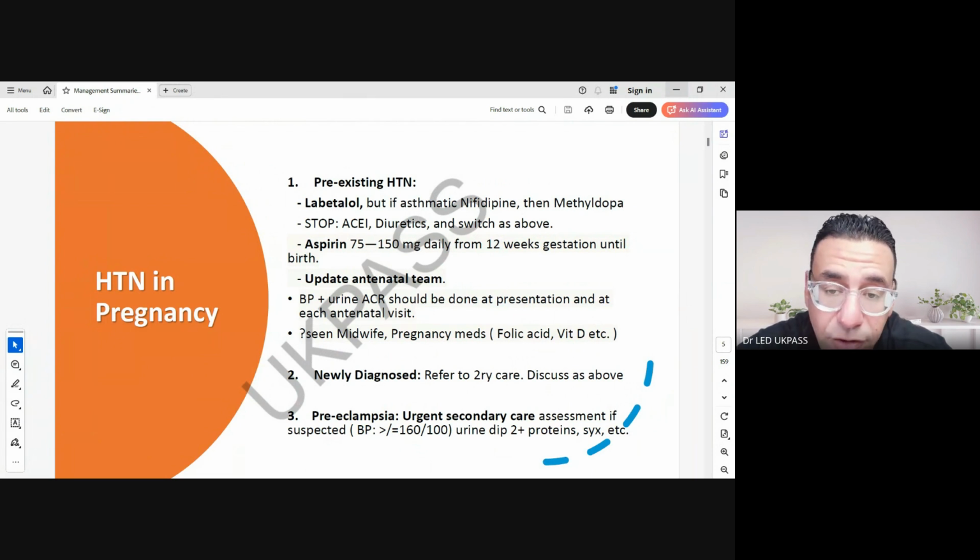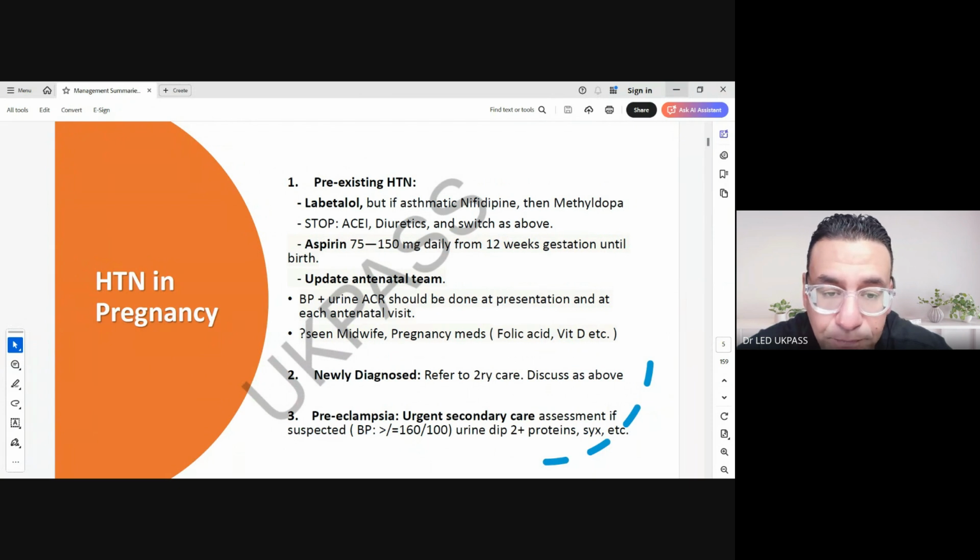If a patient is pregnant, always encourage them to see a midwife, specifically early on in pregnancy. In addition, they also need to be on folic acid and vitamin D, at least folic acid for the first 3 months of pregnancy. Very important to take folic acid.